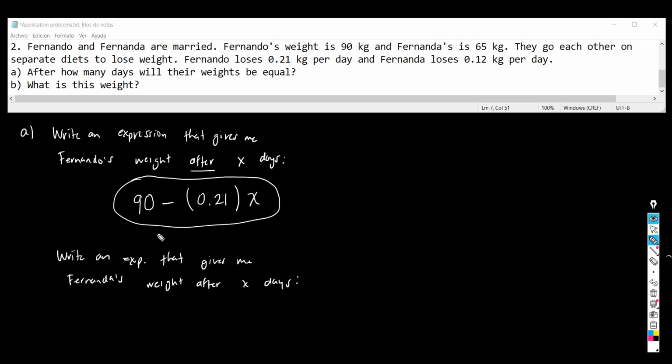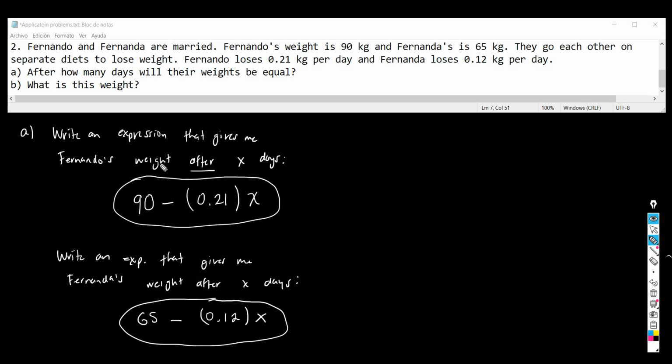It's going to be very similar. This is Fernanda's initial weight minus the amount of weight she loses per day, which is 0.12 kilograms, times the number of days. So this expression gives me the weight of Fernanda after X days. So this is the weight of Fernando after X days. This is the weight of Fernanda after X days.